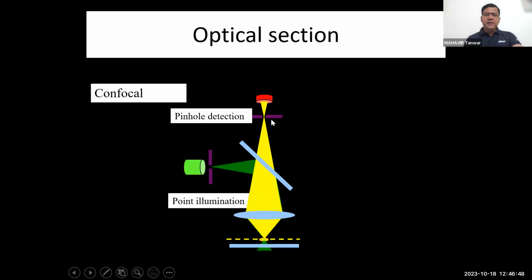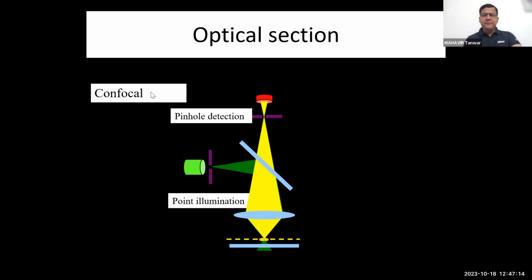This pinhole is basically rejecting the out of focus light and allowing only the light which is in focus to reach the detector. The detector is detecting the emitted signal from the sample. Detectors can be of many types, I'll explain. It can be a PMT, photomultiplier tube. Then a PMT can be of a type of GaAsP, gallium arsenide phosphide detector. So this is how a confocal works.